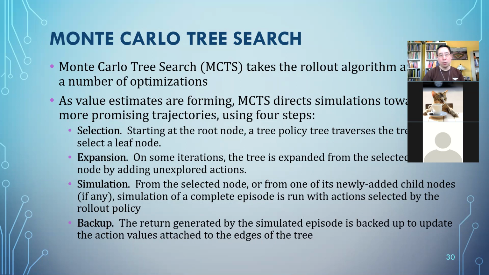So what you can do is use that information to say, I'm no longer going to just use something like the rollout policy forever. I'm going to use that information to direct my simulations towards the most promising looking trajectories.